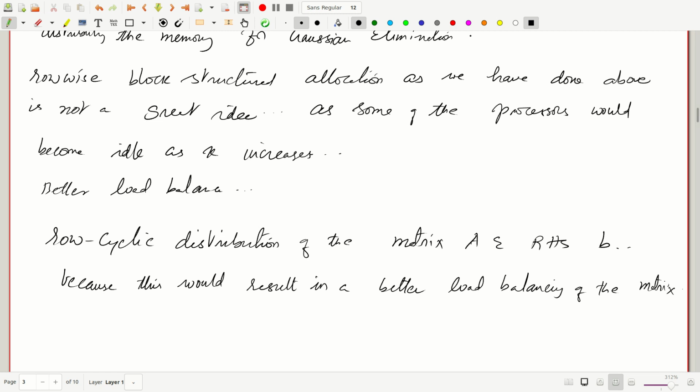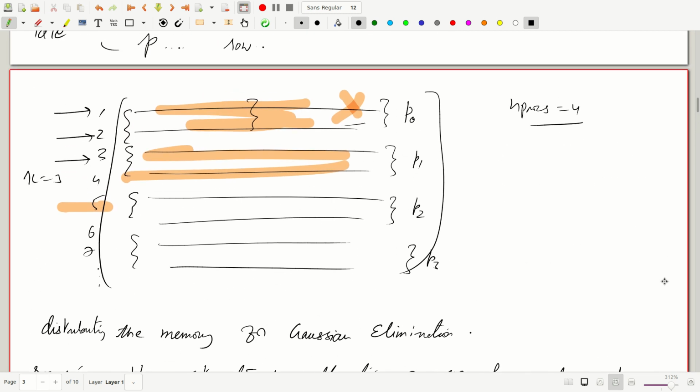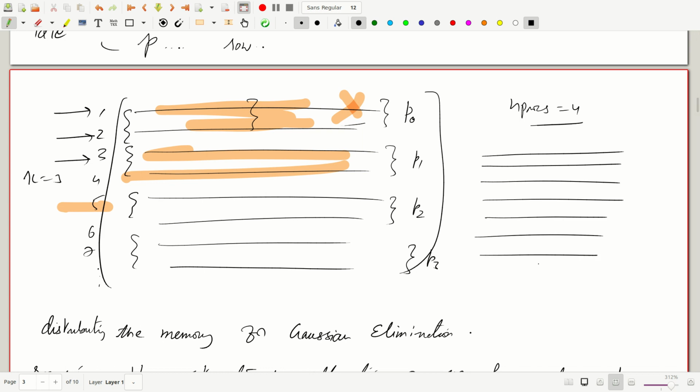So essentially, when you say row cyclic, we don't assign it in this way. Rather, let's say I have only 3 processes, 0, 1, 2, and I have several rows. I would assign one row to one process, P0, P1, P2.